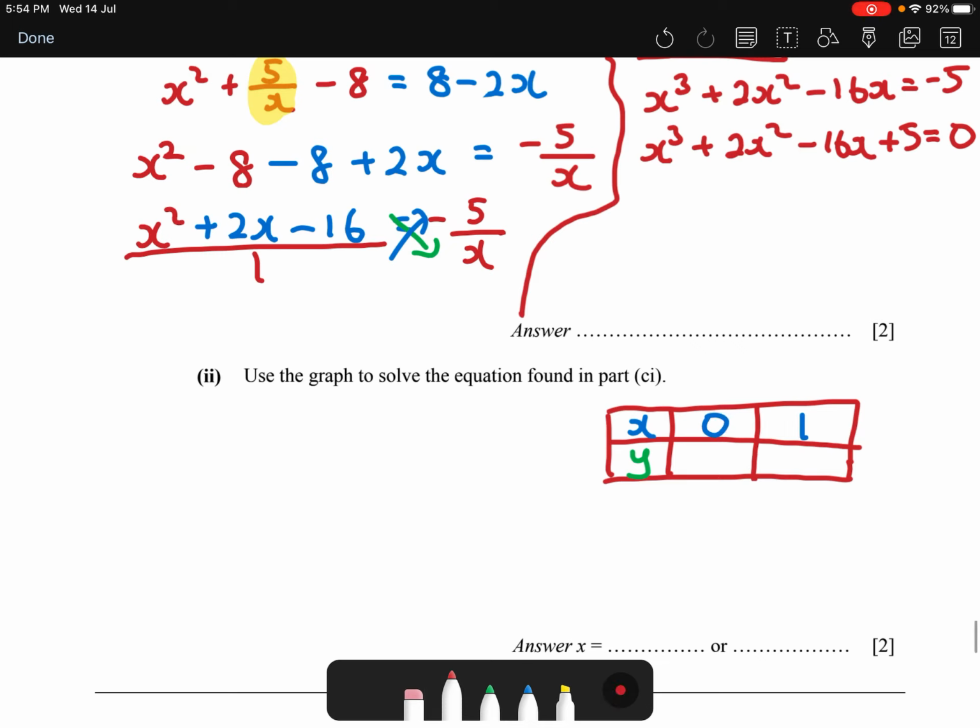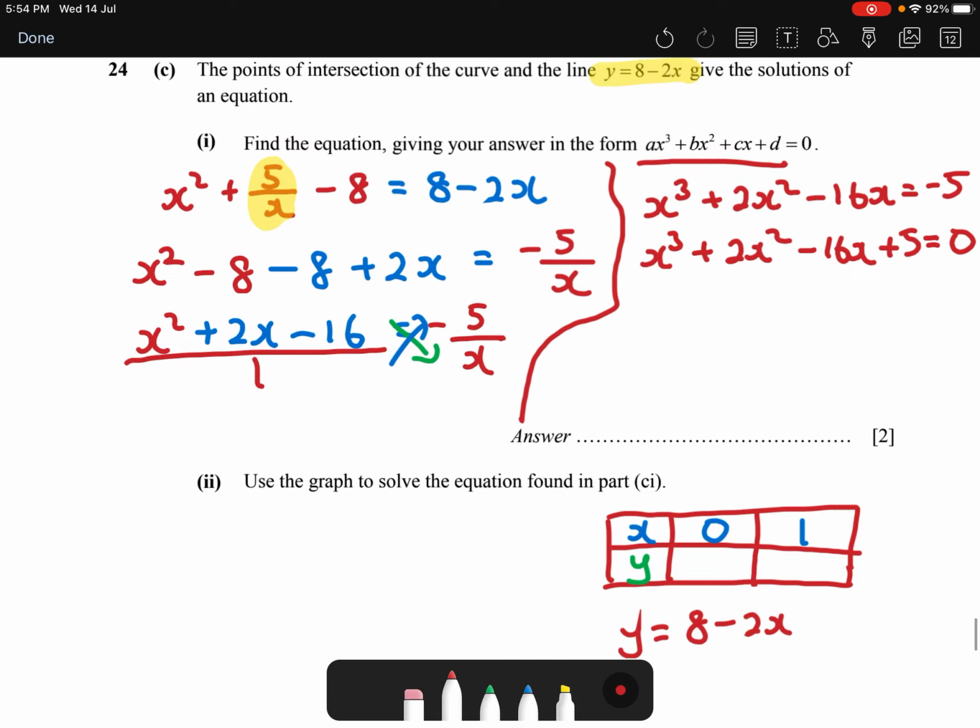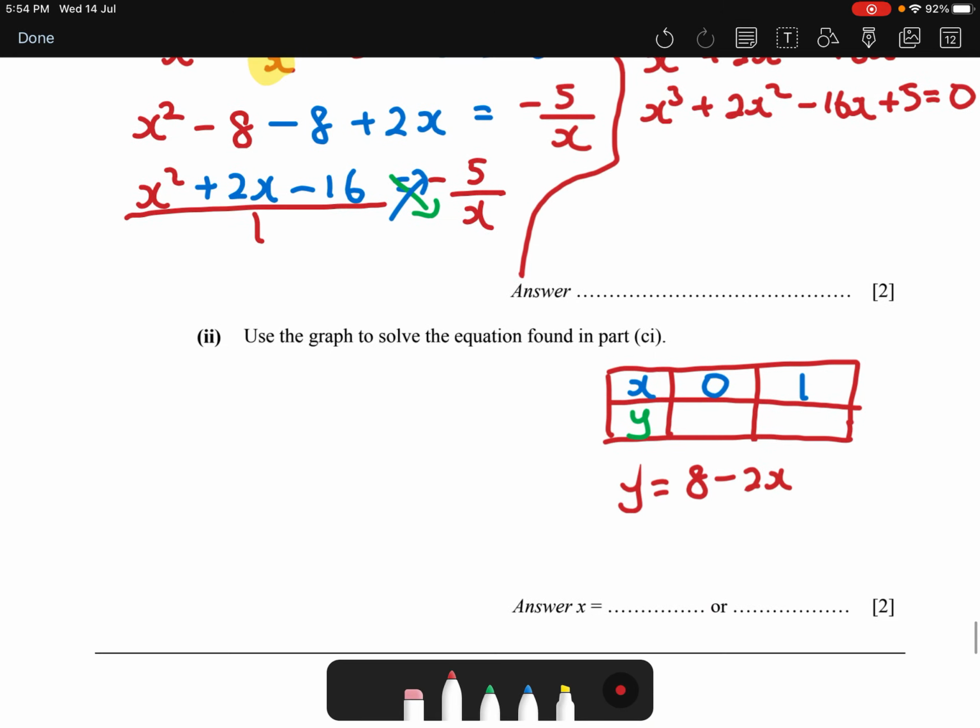So for simplicity's sake, for x, I put 0 and maybe 1 right here. When your x is equal to 0, what is your y? You must do your substitution. You put x equal to 0 into the equation that is given to us. So y equal to 8 minus 2x equal to 8 minus 2(0). So y is equal to 8.